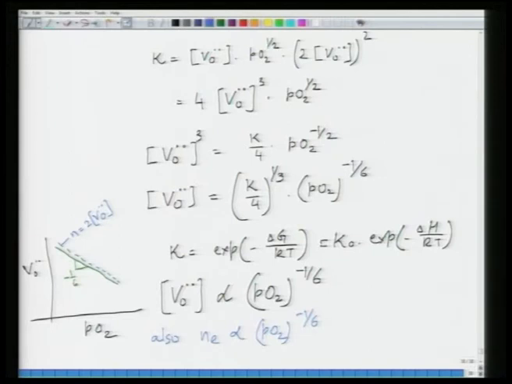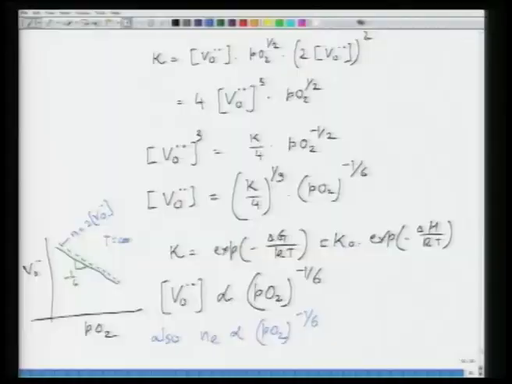So if you plot this concentration as a function of partial pressure of oxygen at constant temperature, constant temperature, not pressure, sorry, then you see this kind of trend. The oxygen vacancy concentration reduces as you increase the partial pressure of oxygen. So this is for the case when your oxygen vacancies are dominant.